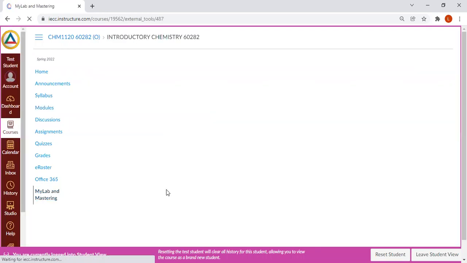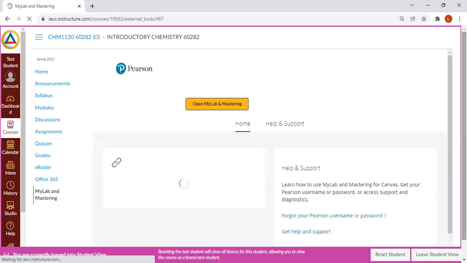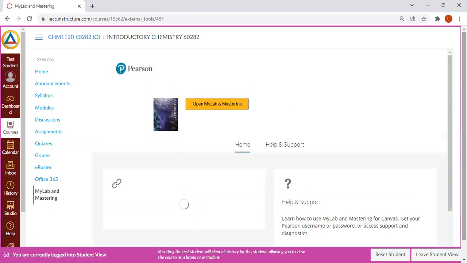If you have used a Pearson product before, like My Math Lab or Mastering Physics for a different course, and you still have that same username and account, you can use that same account again. All you need to do is pay for this semester.